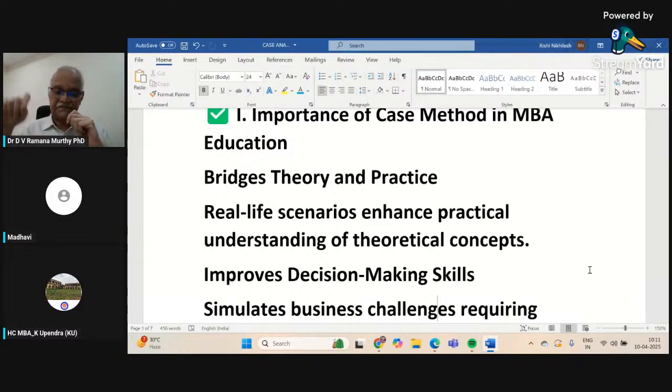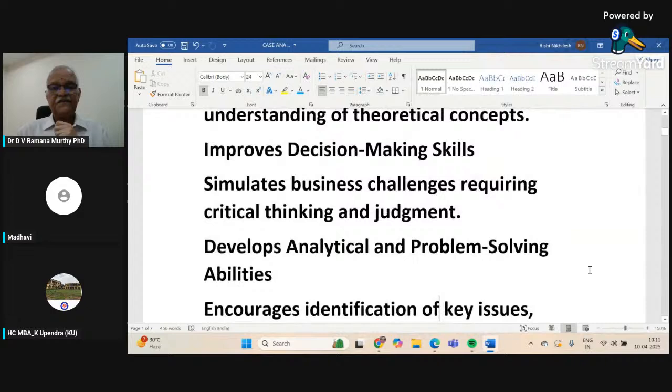This is a cycle. So if you study a practical case, there's a chance for you to improve your decision making skills.